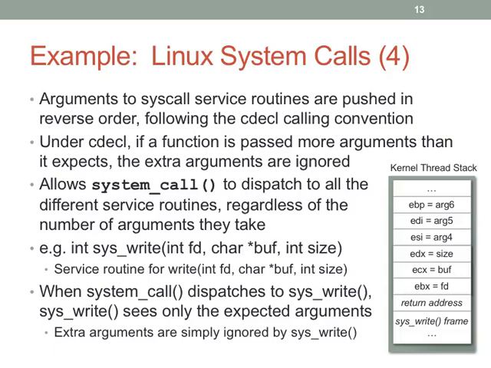Okay, so then system call dispatches to syswrite. Syswrite sees the arguments that it wants. It sets up the stack frame in the way that CDECL specifies. And again, what I would say is that you'll want to review the CDECL calling convention for the user process system call project, just to make sure you're familiar with how the stack is laid out.